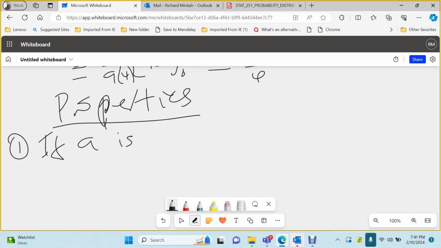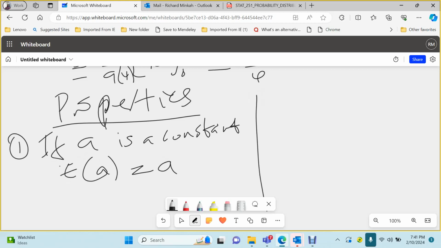So if A is a constant, the expected value of A is the same as A. Is everybody okay with it? Now we will prove this. The proof is this. And you can use the continuous case or discrete case.